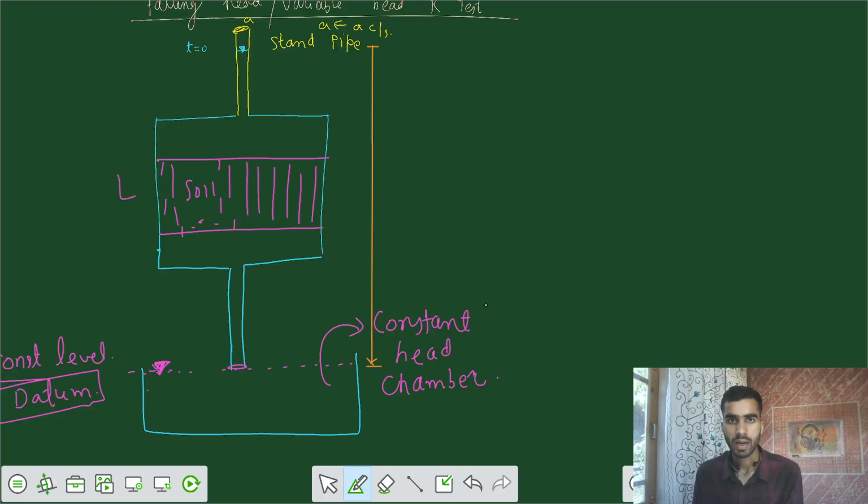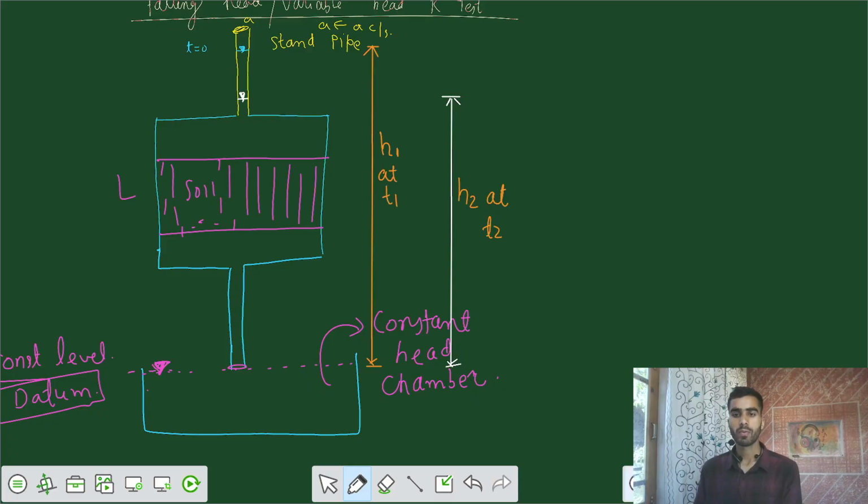After some time T, our level is somewhere here, a different value of head, that is H2 at time T2. So this is our H2 level at time T2, and initially it was head H1 at time T1.